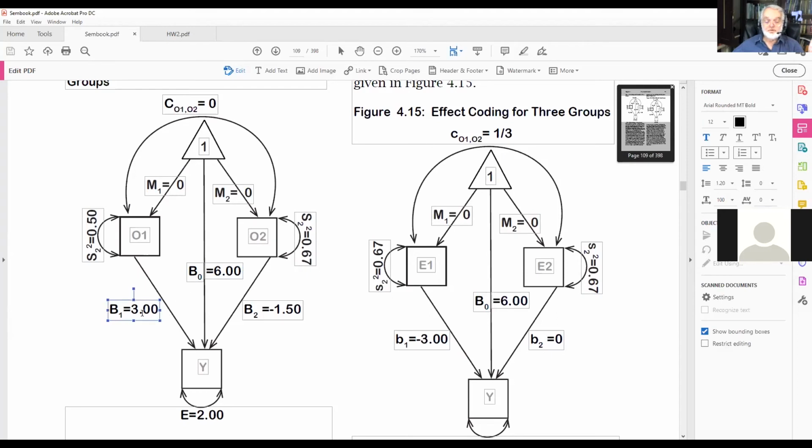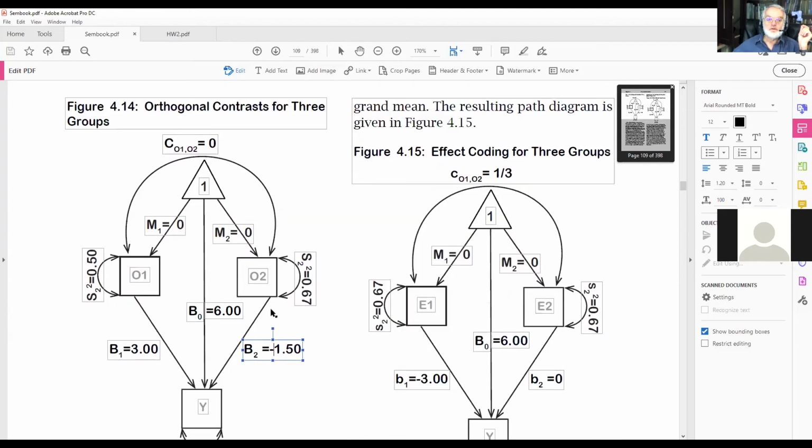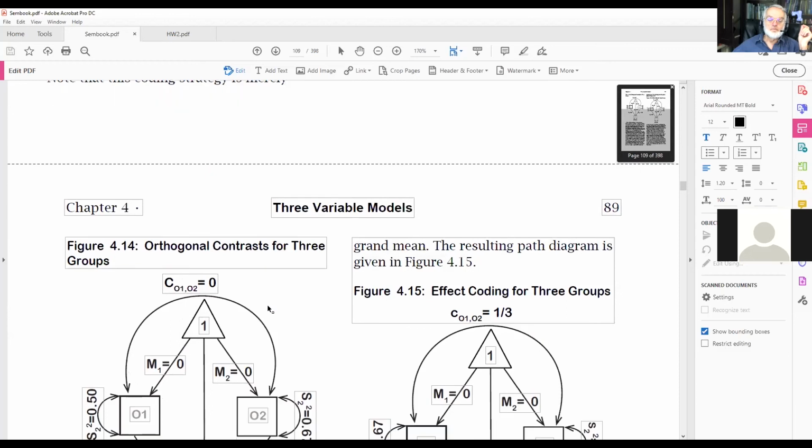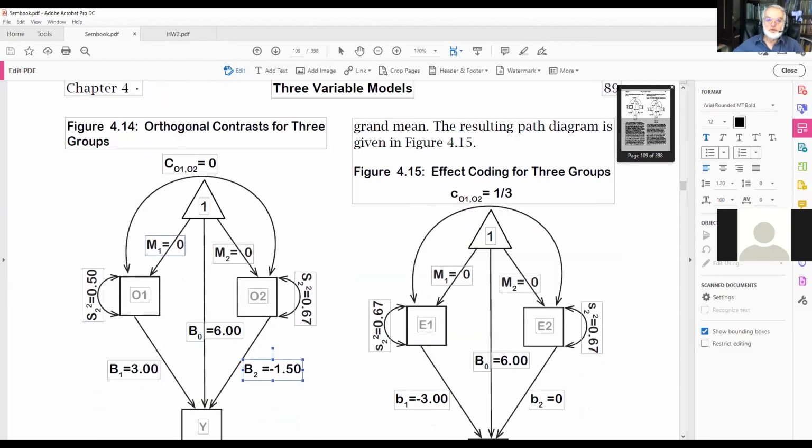This coefficient will tell me how many points group 1 is relative to groups 2 and 3. And this coefficient will tell me how many points different group 2 is from group 3. And that's an example of an orthogonal contrast.